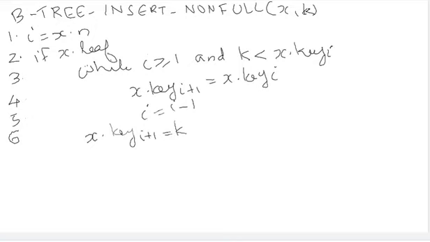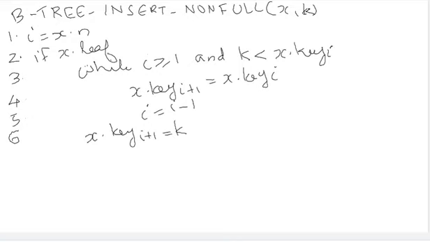At last we reach i equal to 0, which means the first key value is shifted to its second position, so we can insert k there. Or i is greater than or equal to 1 and k is greater than or equal to x.key[i].